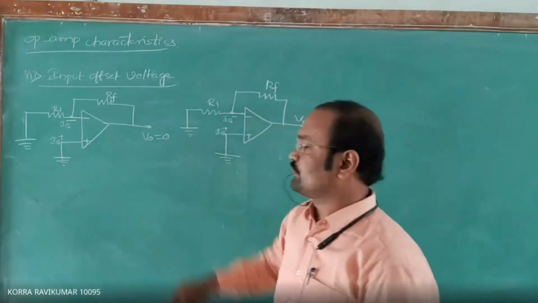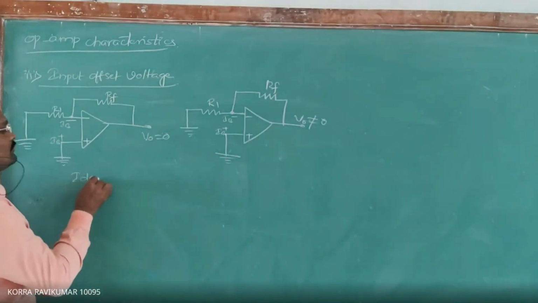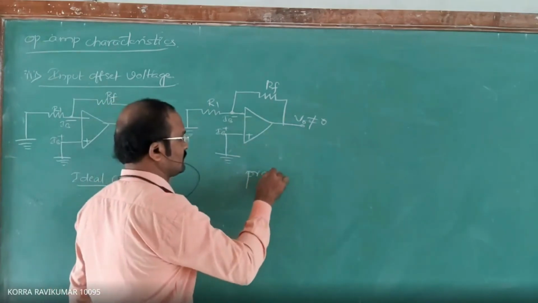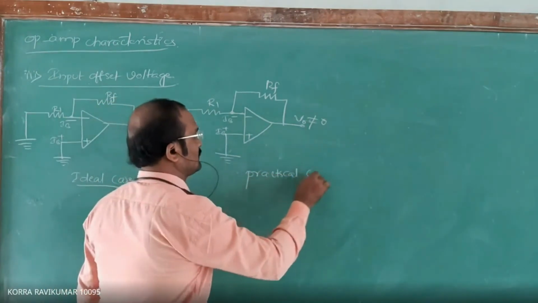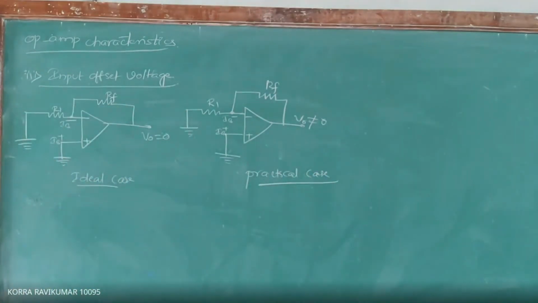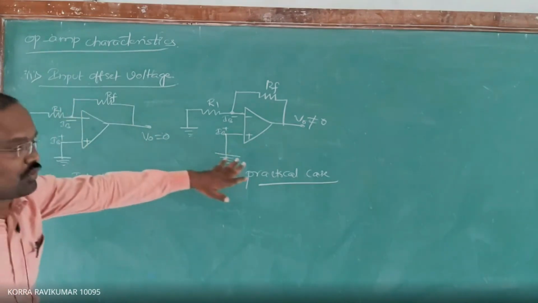This is the circuit for the ideal op amp case, and this is for the practical case. One for the ideal case and another for the practical case.